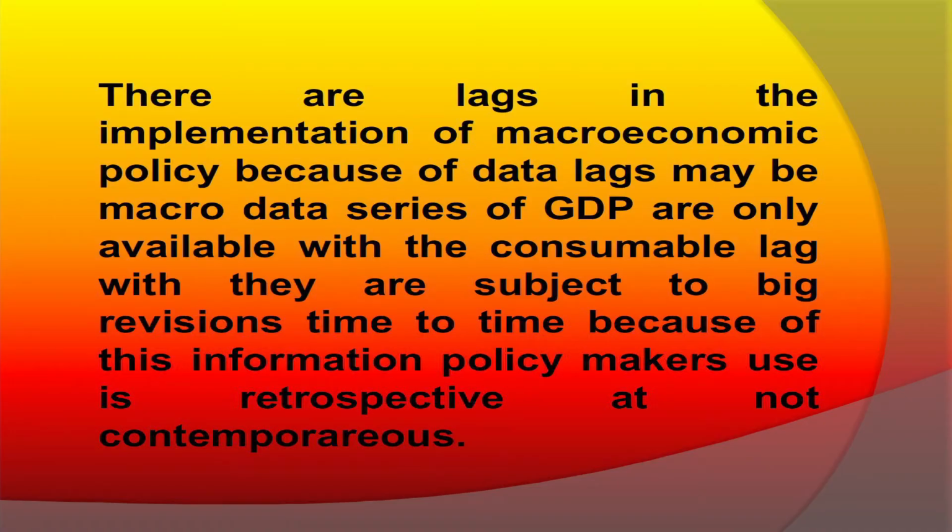There are lags in the implementation of macroeconomic policy because of data lags. Many macro data series such as GDP are only available with a considerable lag and they are subject to big revisions from time to time. Because of this, the information policy makers use is retrospective, not contemporaneous.